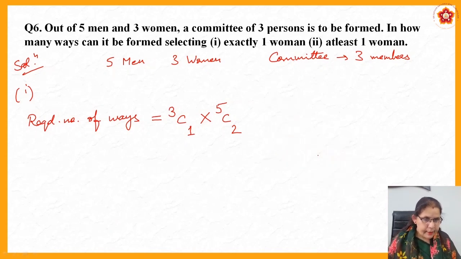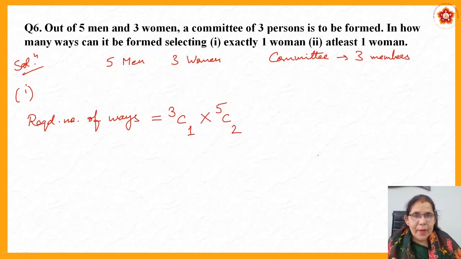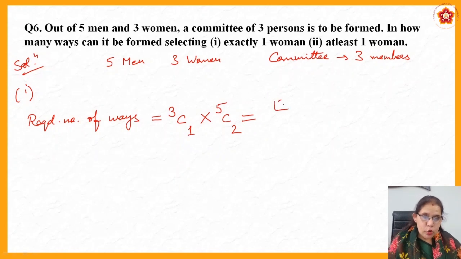I hope it is clear how we are doing it. Since only 1 woman is there, so that means there are 2 men in the committee. So 1 woman can be selected in 3C1 ways and 2 men out of 5 men can be selected in 5C2 ways. So let's solve.